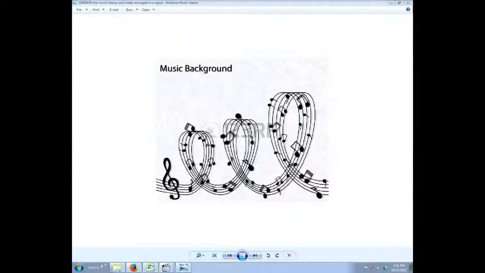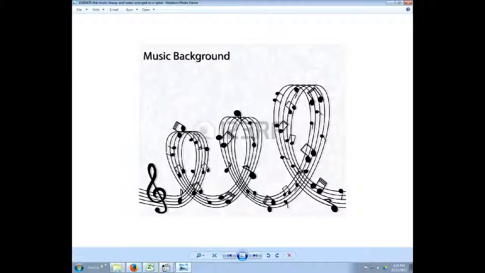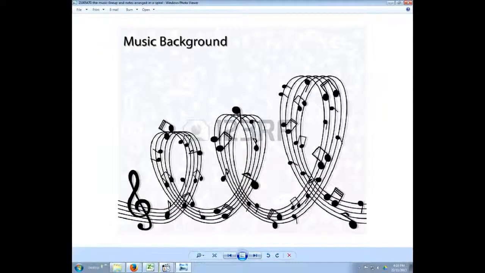Okay, so this is showing exactly the symbol of the music, which is this one. As you can see, it's representing a kind of vortex, a vortex based on curvature and straight line, kind of male and female energy again.